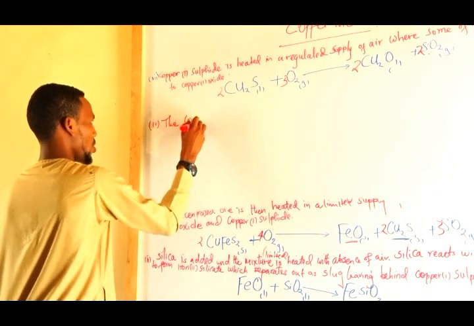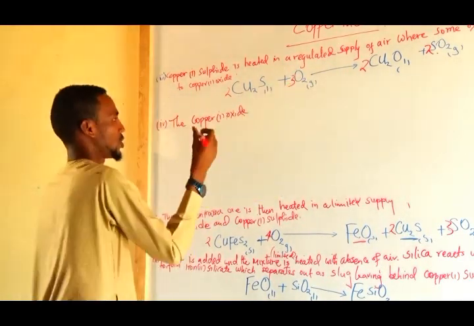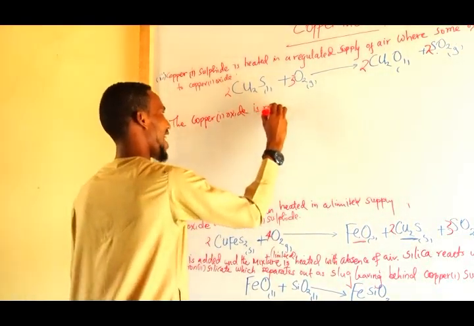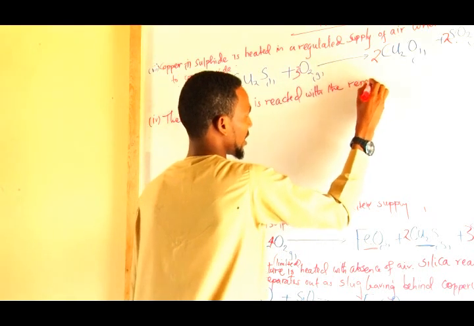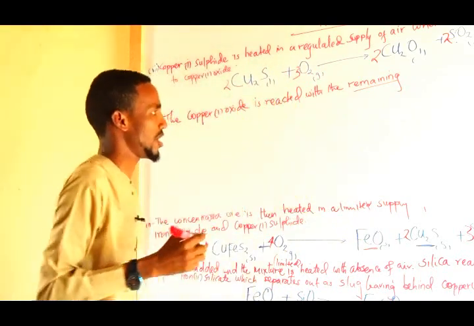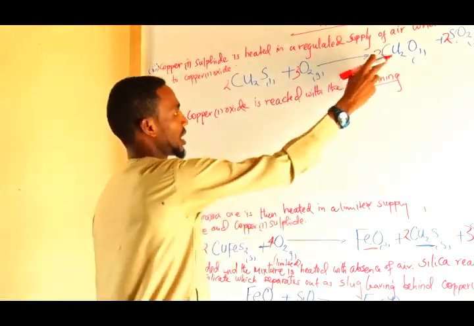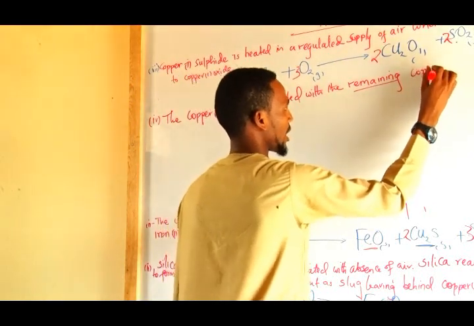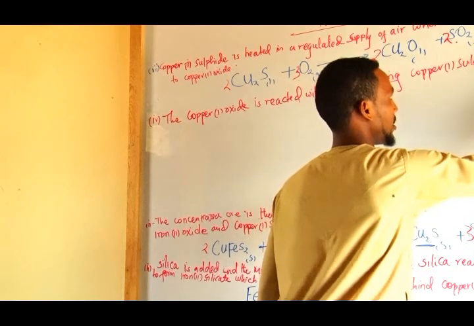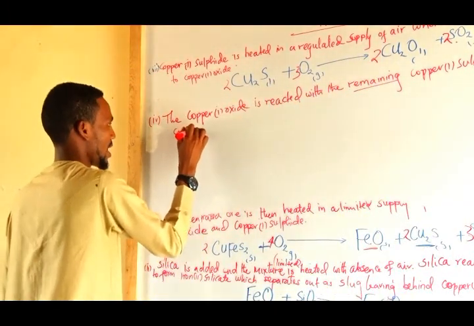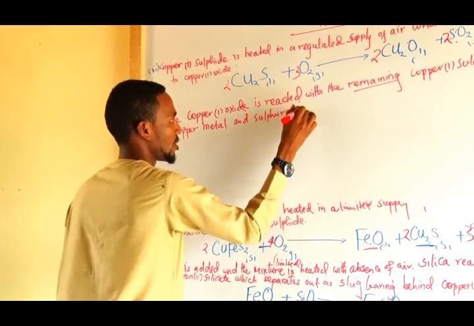The copper 1 oxide that has already been formed reacts with the remaining copper 1 sulfide, because remember, in stage number 3 not all of the copper 1 sulfide was converted to copper 1 oxide, to obtain the copper metal and sulfur 4 oxide gas.